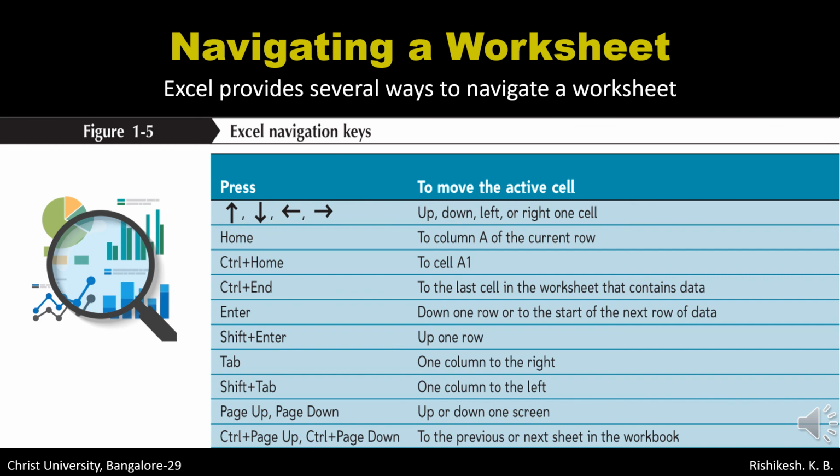Using tab to move from one column to the right. And control plus page up or control plus page down to the previous or next sheet in the workbook. Other shortcuts you can try on your own.